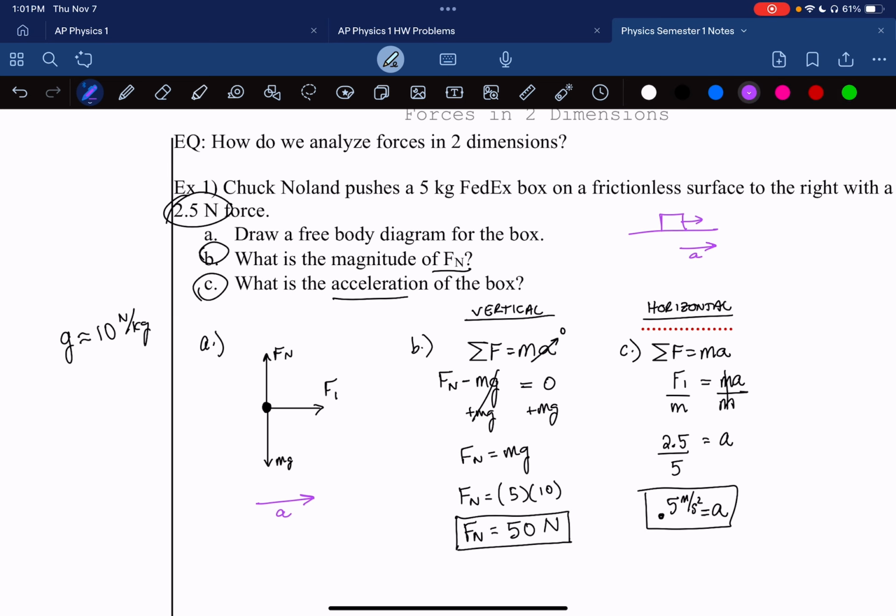And that's pretty much it for solving these. On a quiz, I would give you a point for the vertical forces, a point for the horizontal force. When I get to the vertical, I'm looking for 0 acceleration vertically. I'd give you a point here. Give you a point for substituting your forces, a point for the answer.